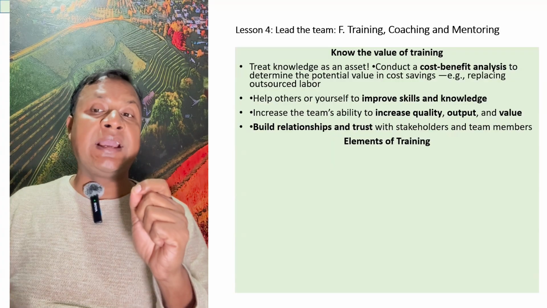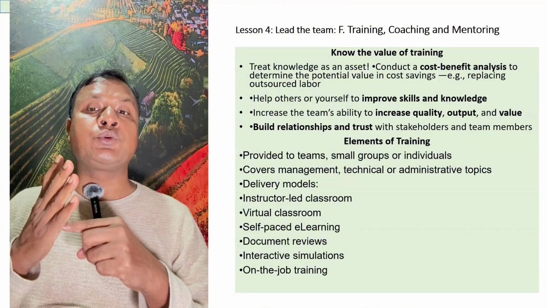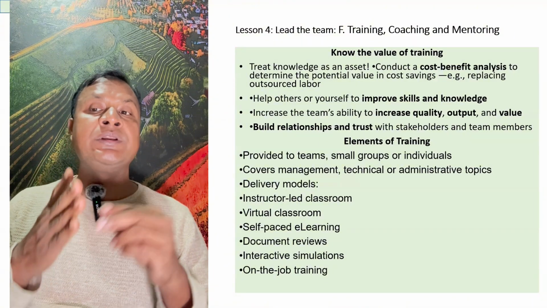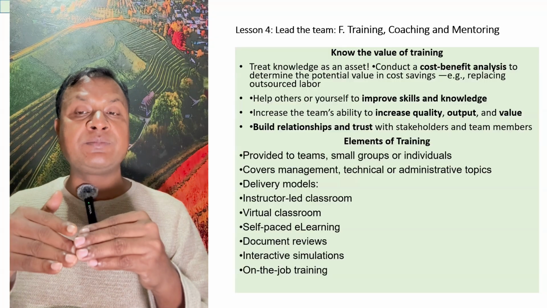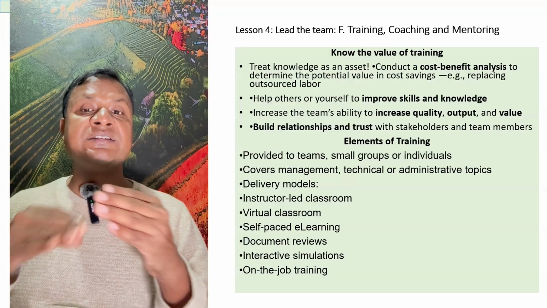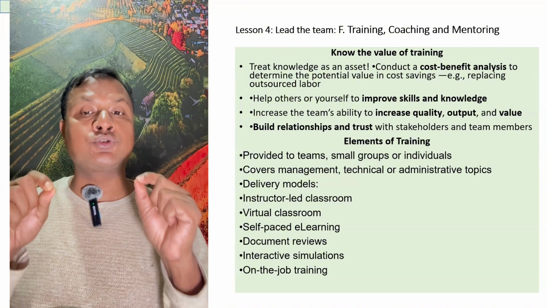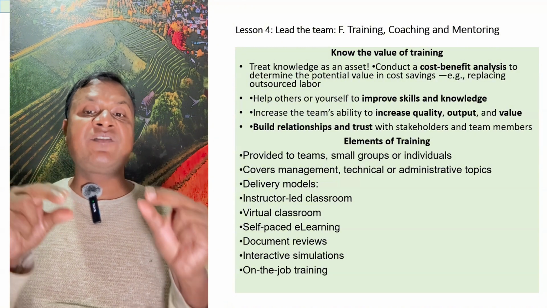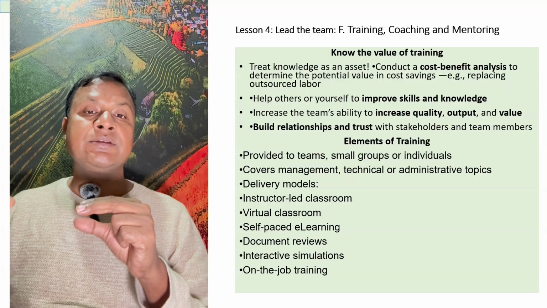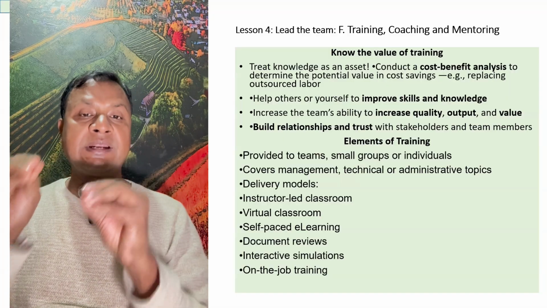And we should know the elements of training. Elements of training are provided to teams, small groups, and individuals, and cover management, technical and administrative topics. The delivery model should be there: instructor-led classroom, virtual classroom, and self-paced learning. So you should put all the details on the website or in the database.